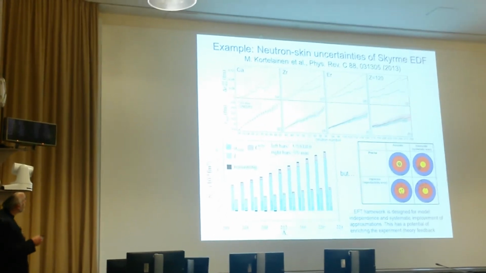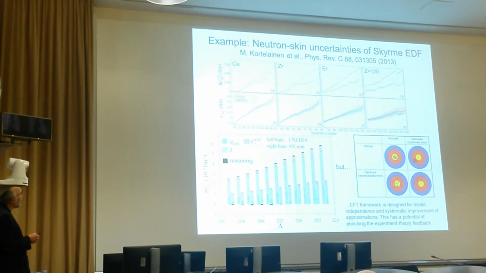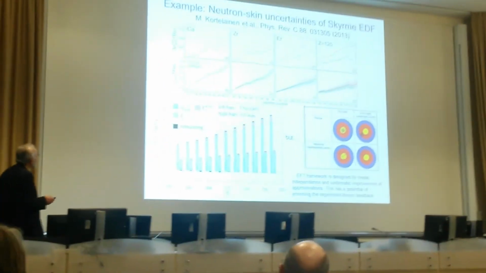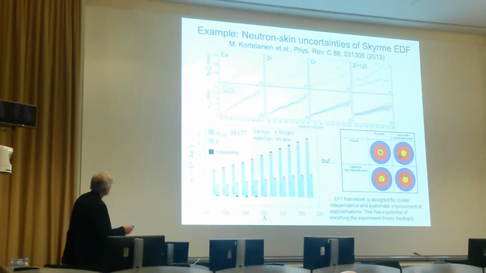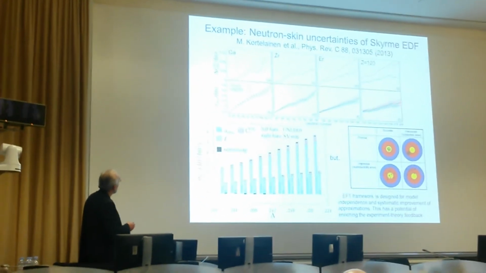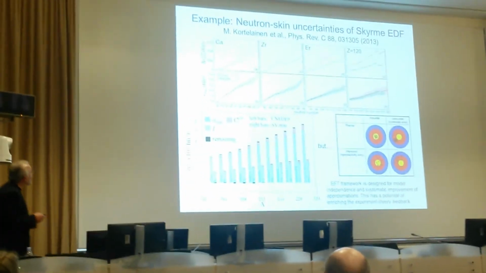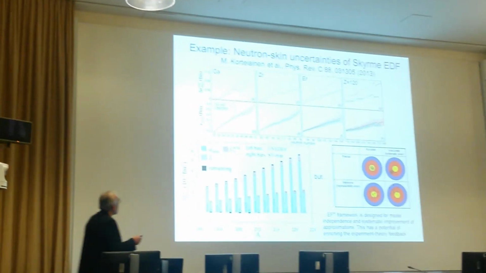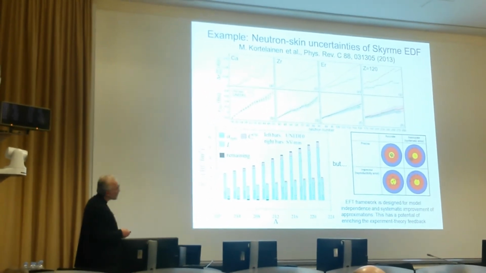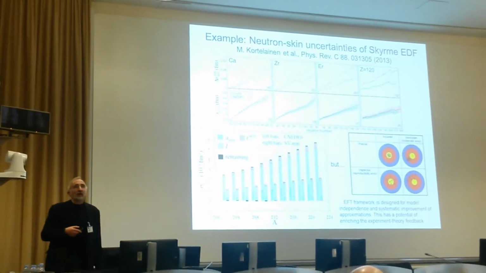The one is from the paper by Kortelainen et al. on neutron skin uncertainties of Skyrme density functional theory. What you see here is actually predictions of neutron skins, that is the difference between neutron and proton RMS radius for calcium, zirconium, erbium, and element 120 with two different models. What you see here is not only the prediction, the mean value, but also error bars.